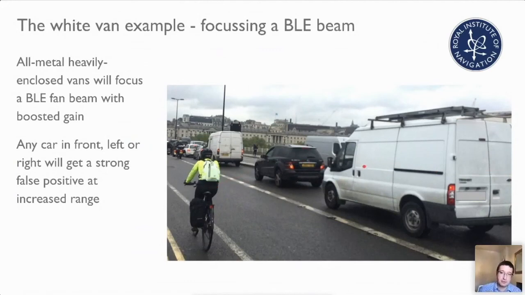So panel van drivers will be driving around the country permanently projecting themselves as if they're in the seat of the car in front of them. And so there'll be huge numbers of false positives from these sorts of vehicles.